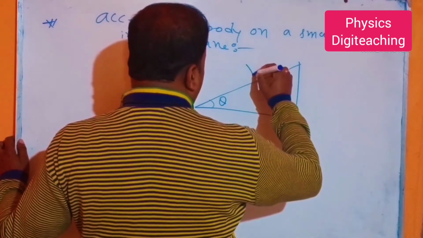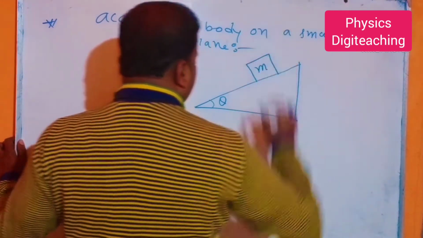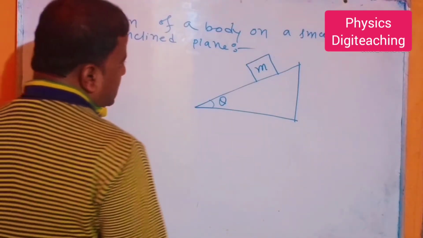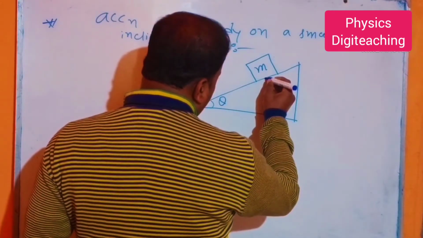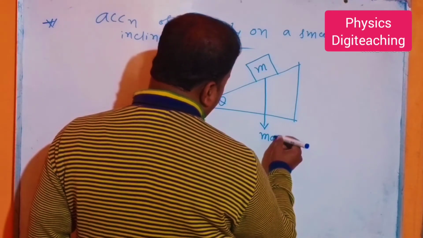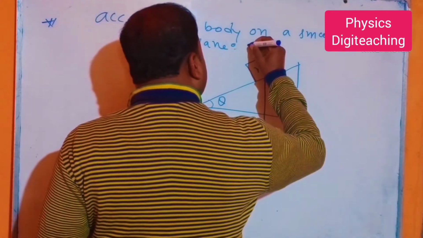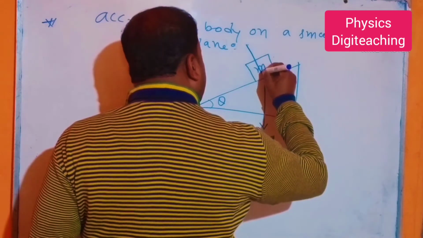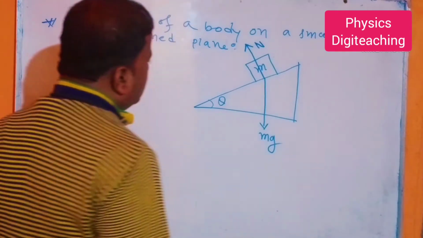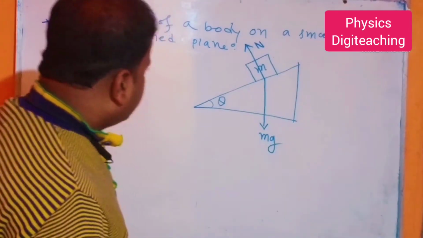A body of mass m1 or m is on the inclined plane. Here the weight of the body acts vertically downward, that is mg, and this is our normal reaction, capital N, the normal reaction that the plane of the inclined plane acts on the body.